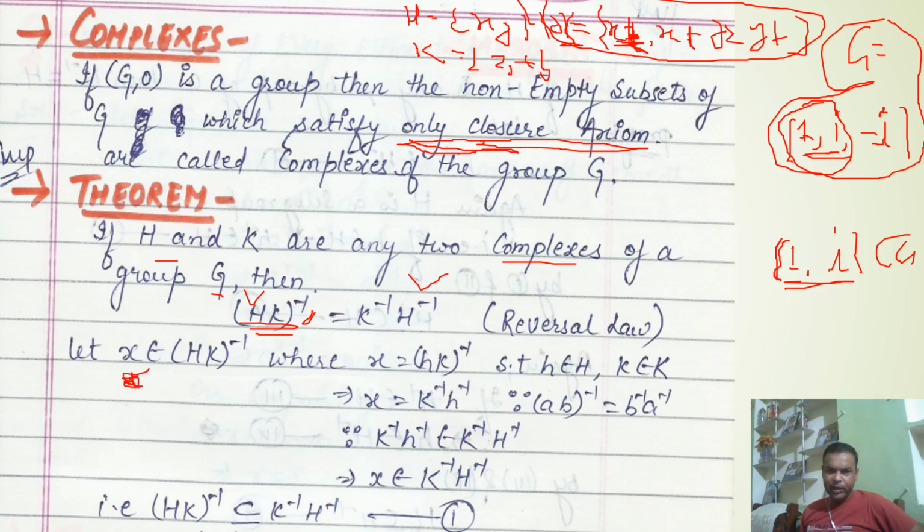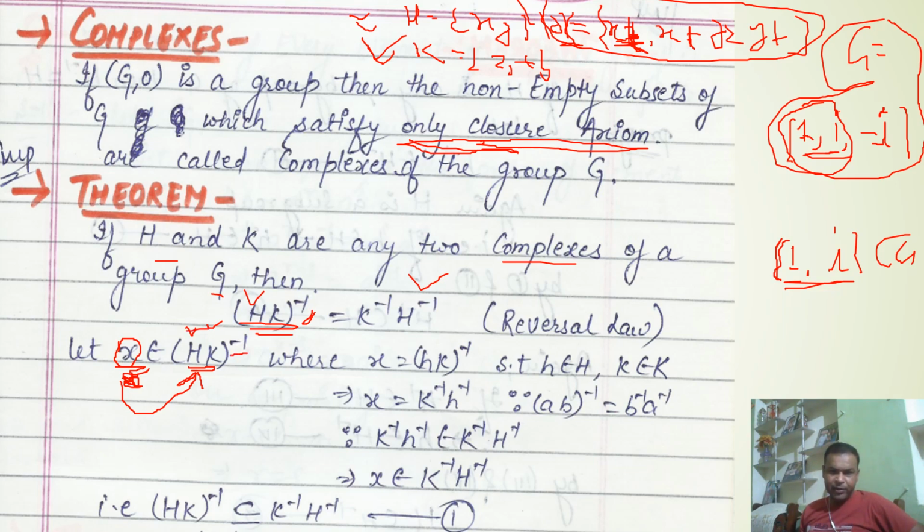All elements of HK are compositions of the elements of H and elements of K. So X will be the product of an element of H and an element of K. The first is taken from H and the second is taken from K, and after that we write the inverse.